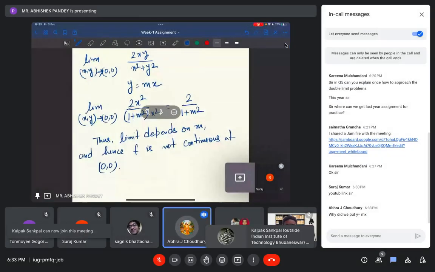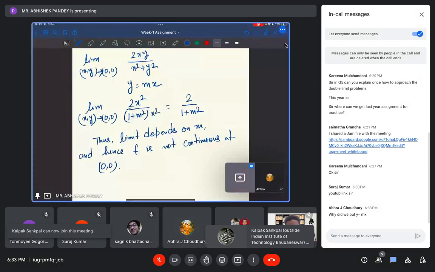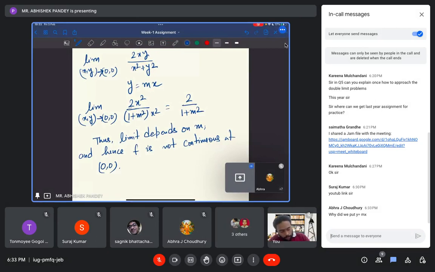Sir, why do you put y equals to mx? Yeah, so in several variables, suppose you have a real line. In the real variable case, one variable case, once you are taking the limit, suppose you are going to 1, to approach 1 you have only one path, like this radial path only. Either you go from right or you go from left.